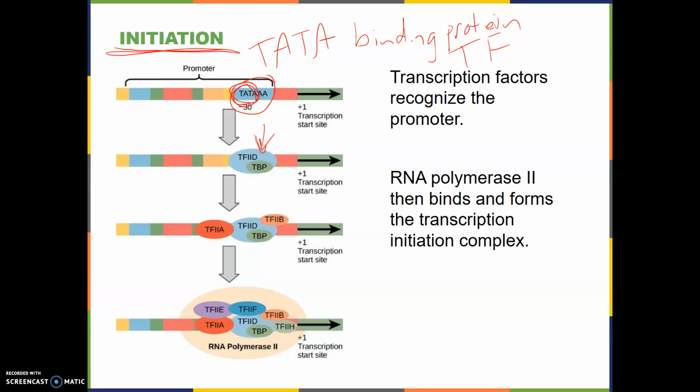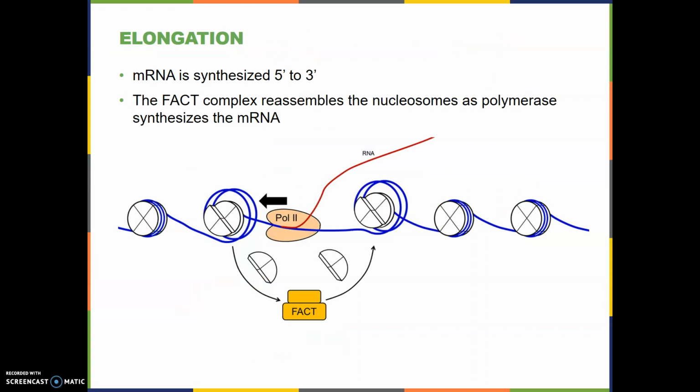And then you have other transcription factors that join in. And once all the transcription factors and the TATA binding protein have attached, then transcription is initiated, and the RNA polymerase II can start adding nucleotides to the DNA strand.